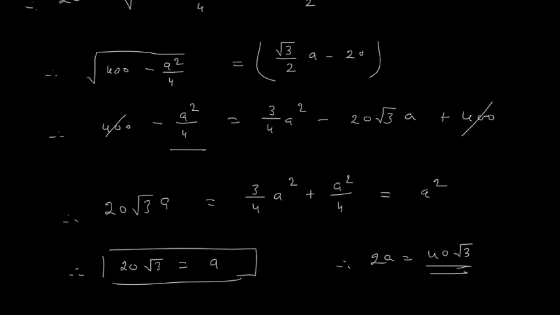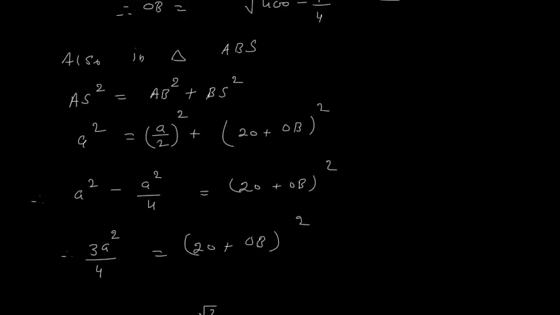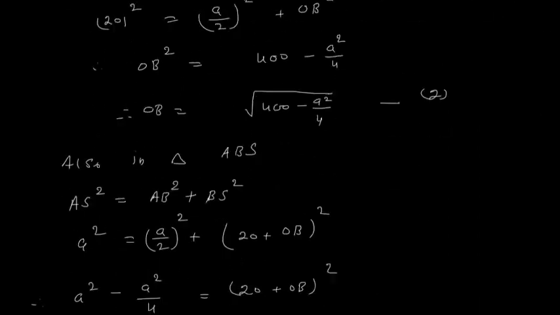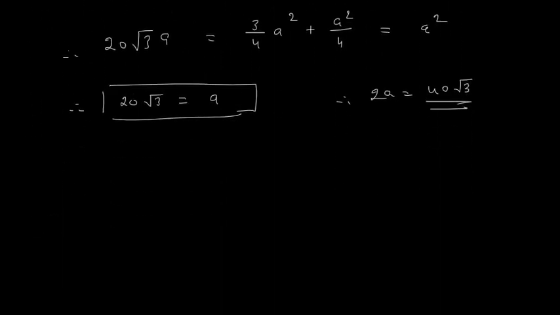As the radius is given as 20 meters, the length of each string is 40 root 3 meters.